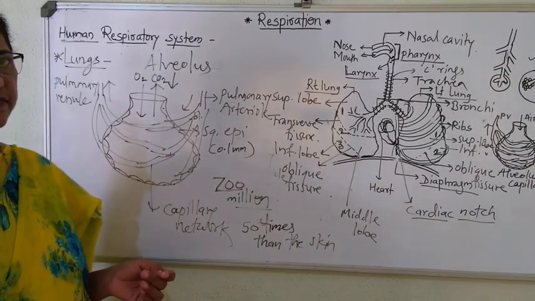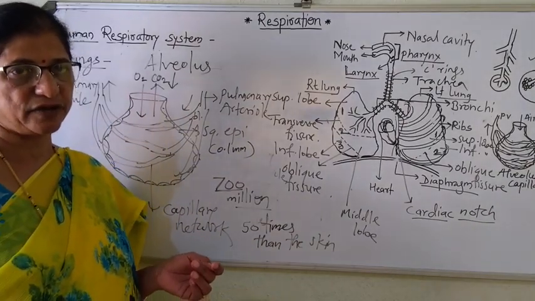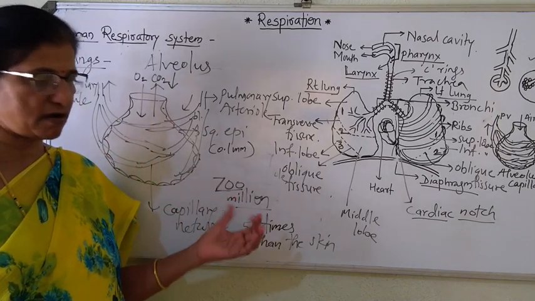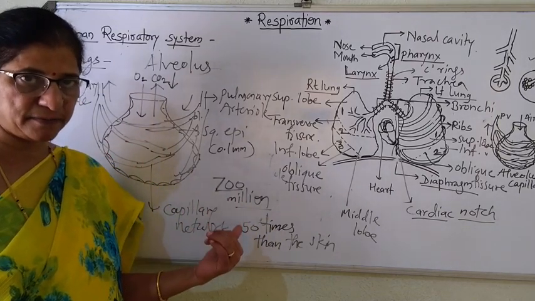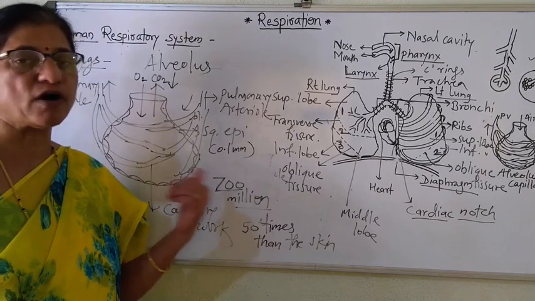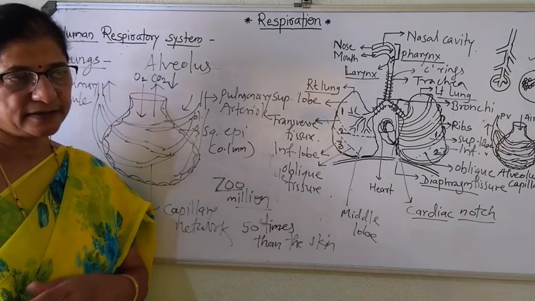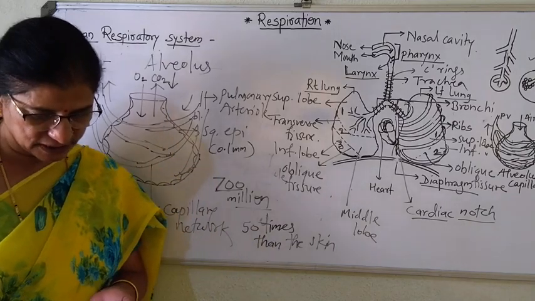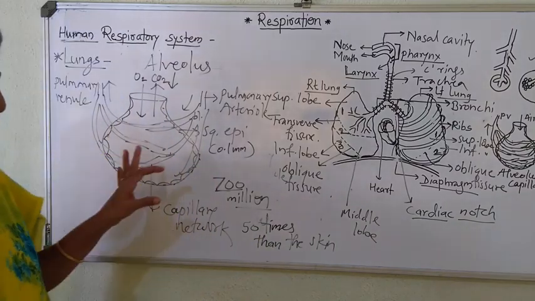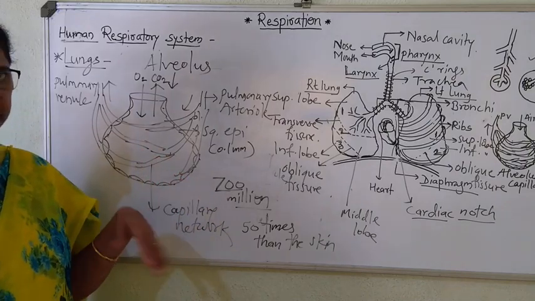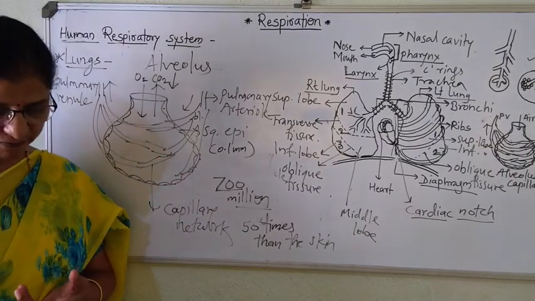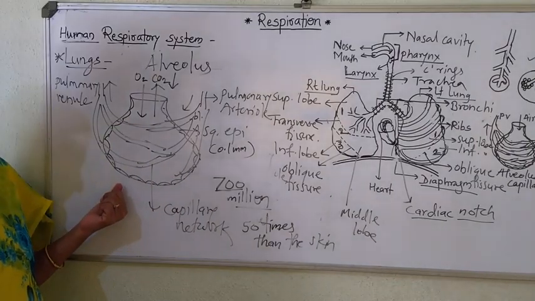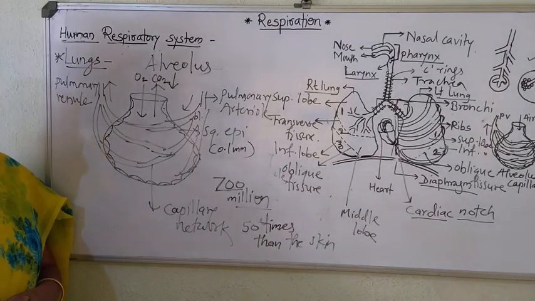If you compare the surface area of our skin and the surface area of 700 million alveoli, it is 50 times more. That's why we can easily bring about gaseous exchange. So such alveoli increase the surface area for respiration and are helpful for easy gaseous exchange.